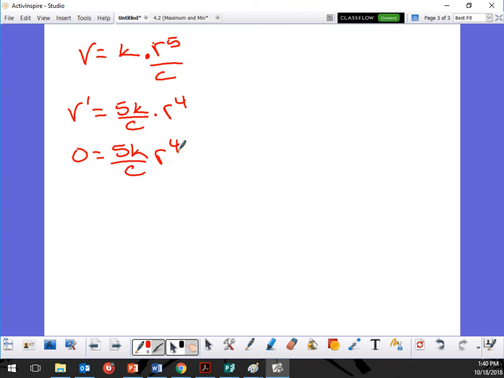To try and get this by itself, what's going to happen to the 5K over C? Yeah, divide by it. And then what's going to happen? 0 equals R to the fourth, right? So I'm going to get R equals 0 for this one.